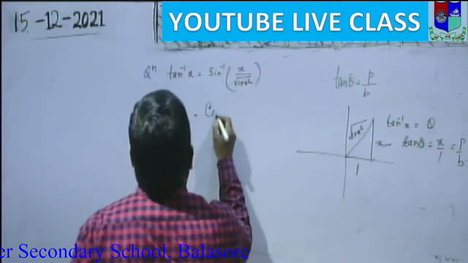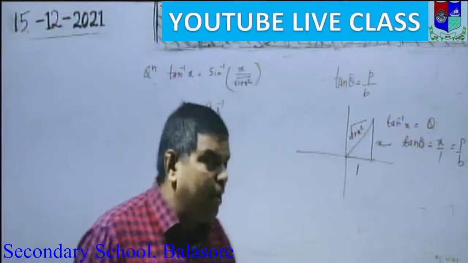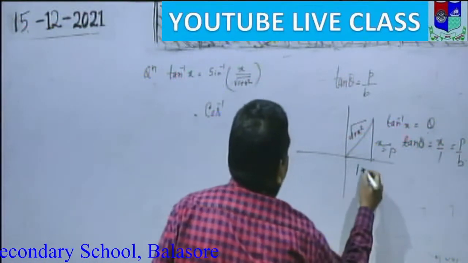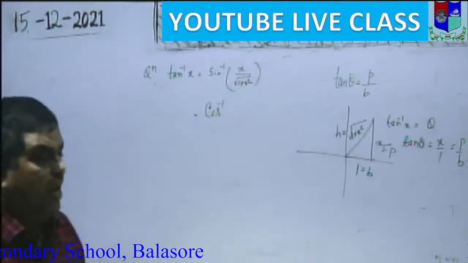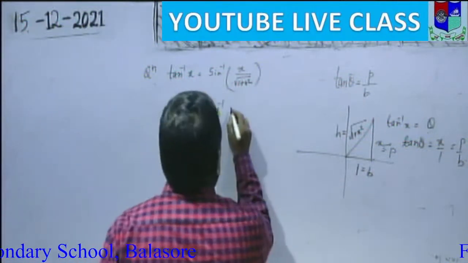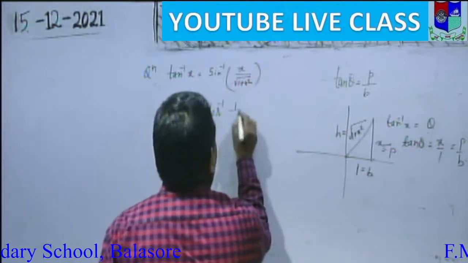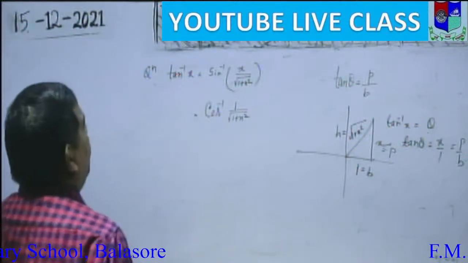Now for cos inverse, it is B by H. Using Pythagoras theorem, h. Now cos inverse B by H is 1 by root over of 1 plus x square.